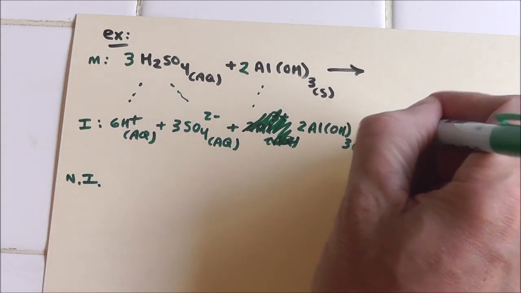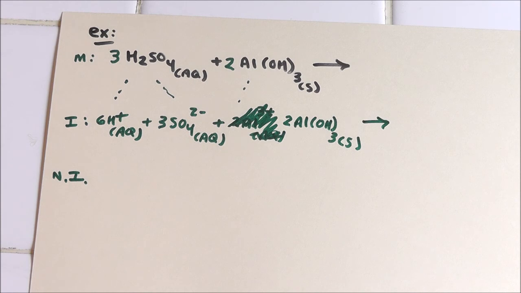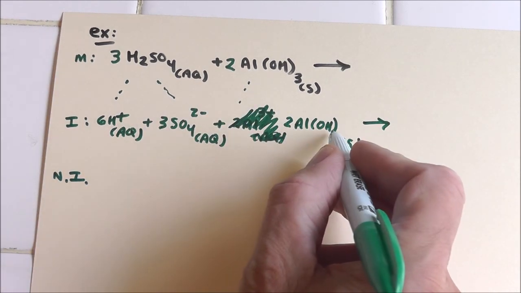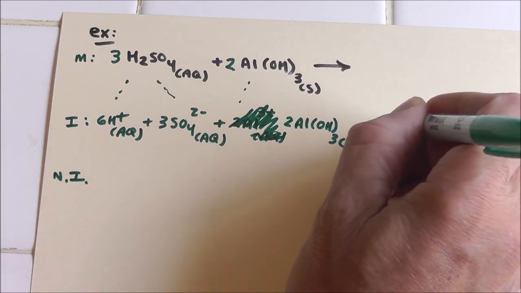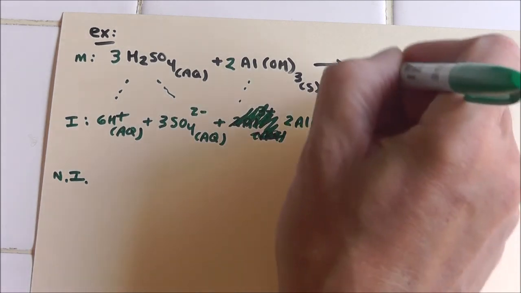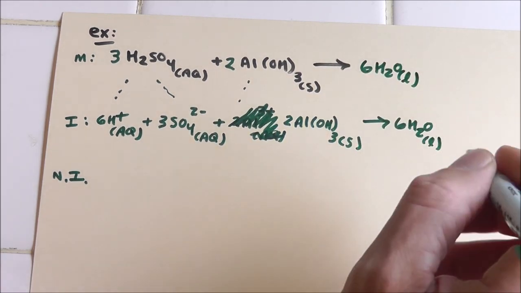Still going to make water. But how many waters? 6 H+ and 6 OH- is going to make 6 waters. 6 waters in both places, upstairs here in the molecular and down here.